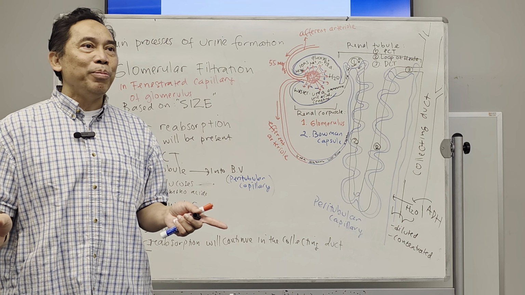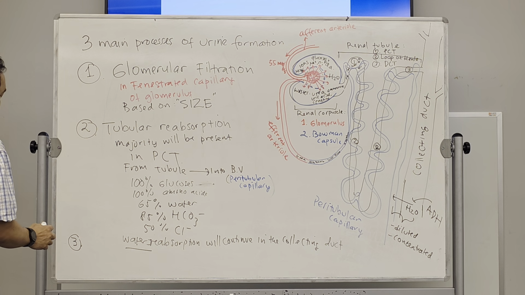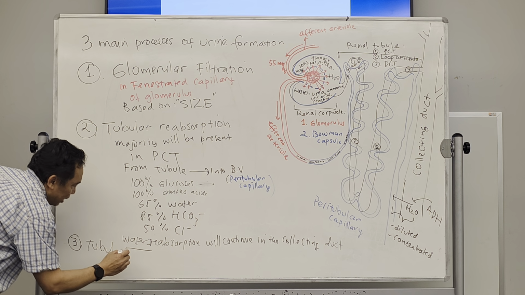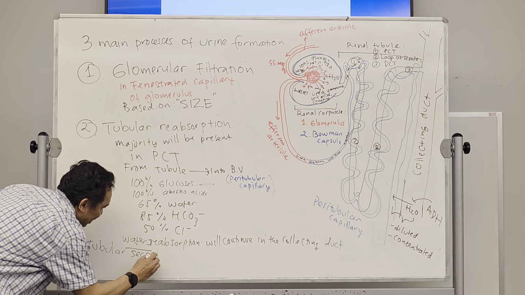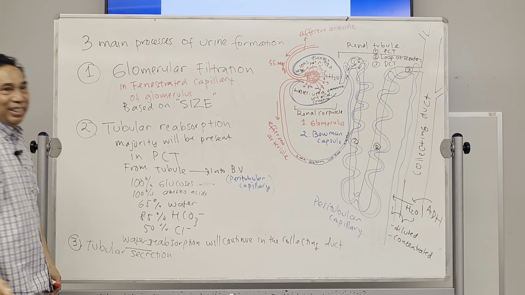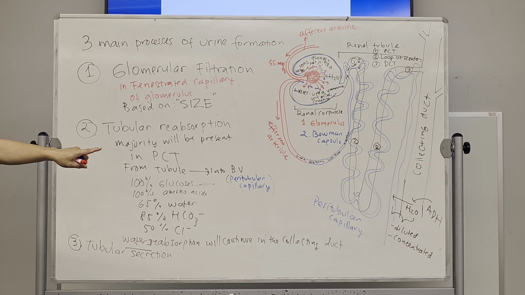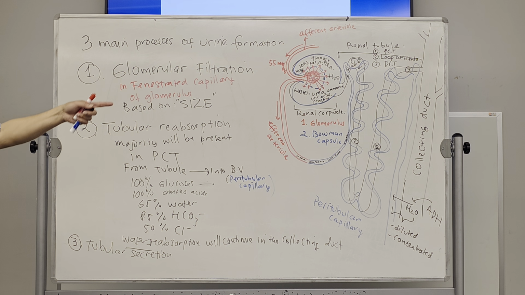We need to remove them. Therefore, the last process is called tubular secretion, which will secrete the rest of the waste product that's still present in the blood into the tube.